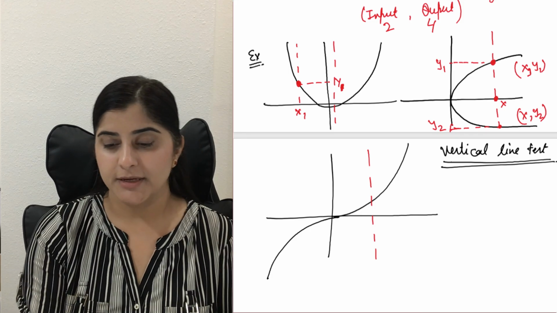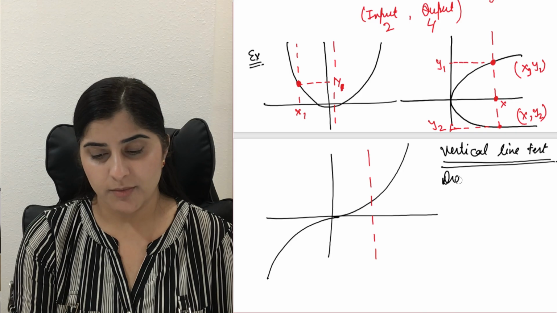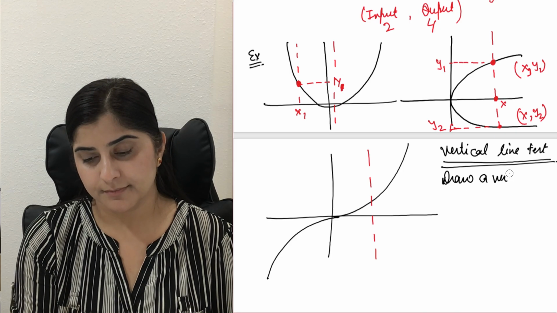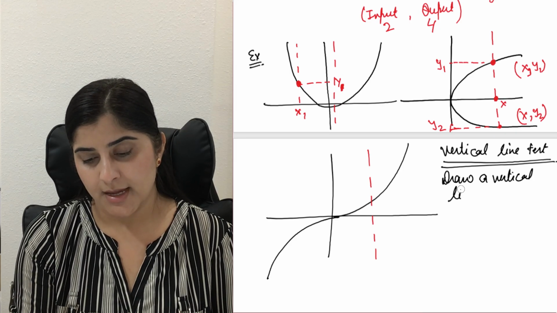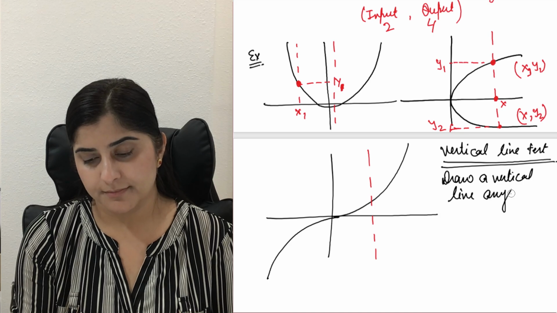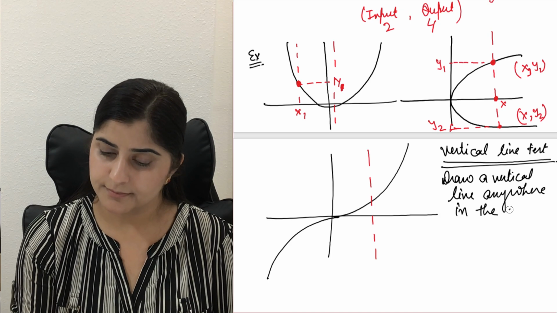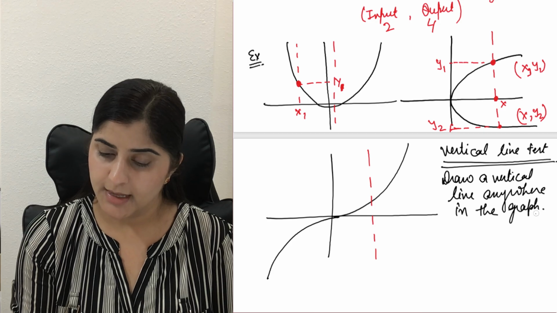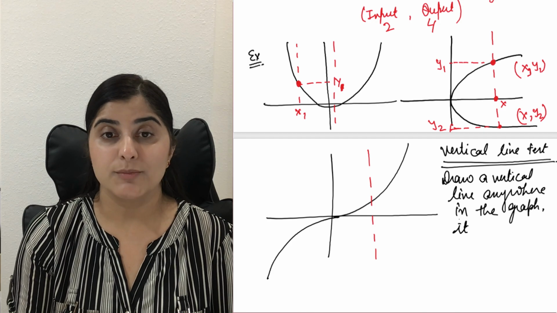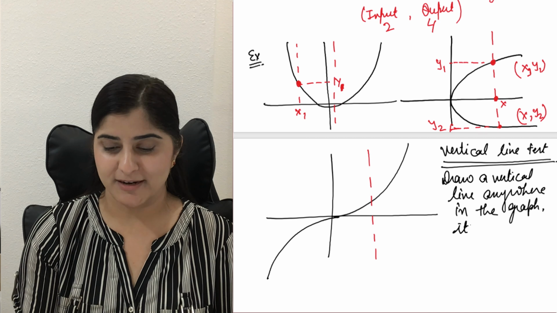So let me write down here the vertical line test. Draw a vertical line anywhere in the graph. If it touches the graph more than once, then it is not a function graph.